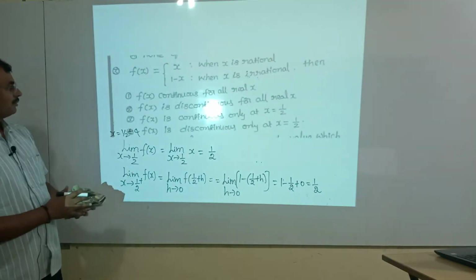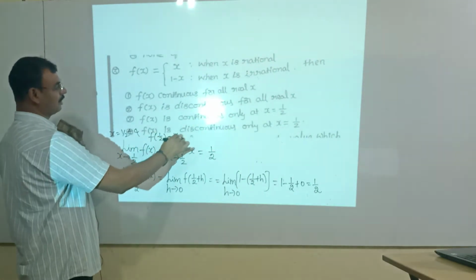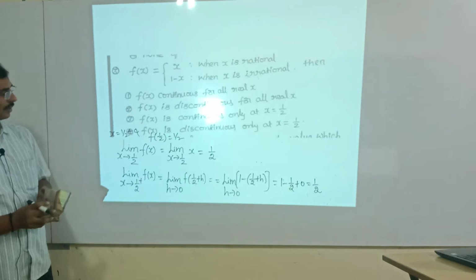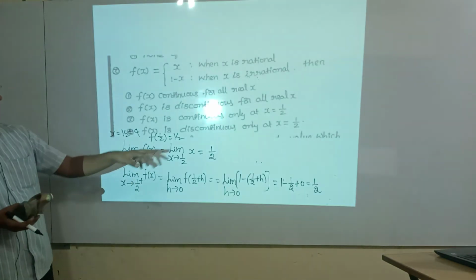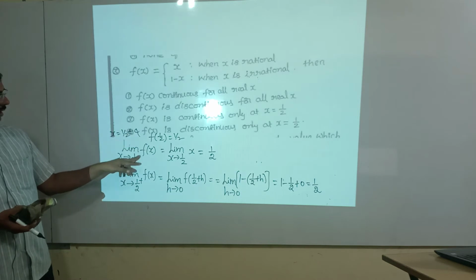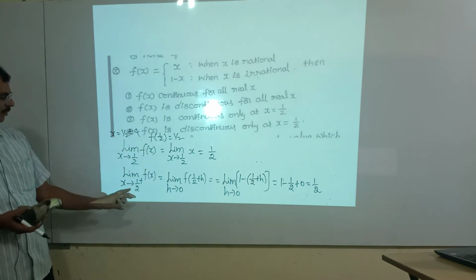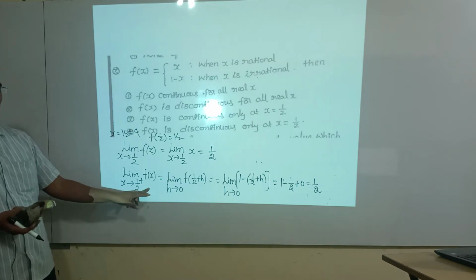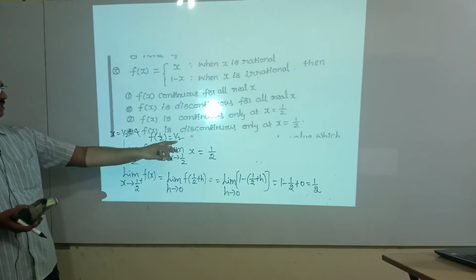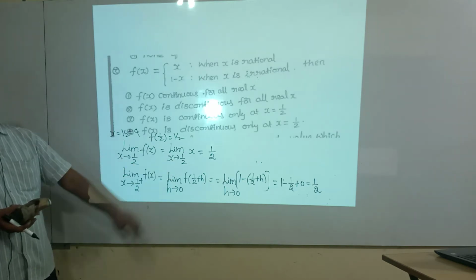Now what is the f of 1 by 2? So f of 1 by 2 also is equal to 1 by 2, rational number. If it is a rational number also we are getting 1 by 2. So here left hand limit, right hand limit both exist. Same number, and f of x also is 1 by 2. Limit exists.